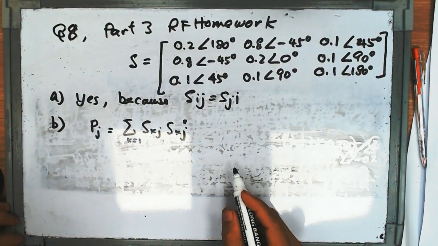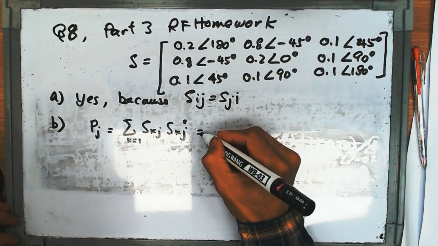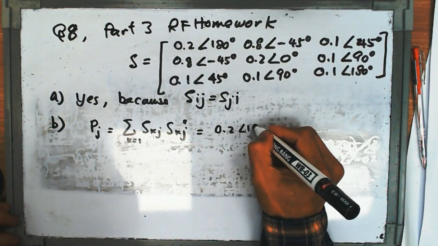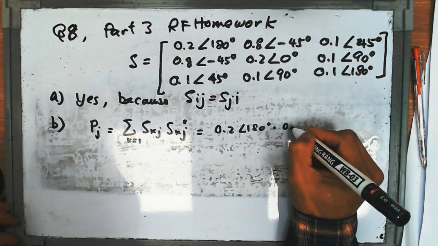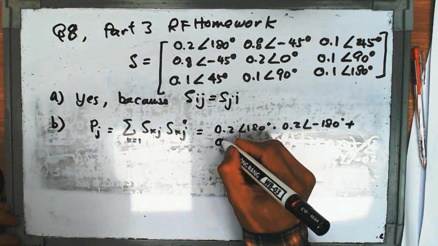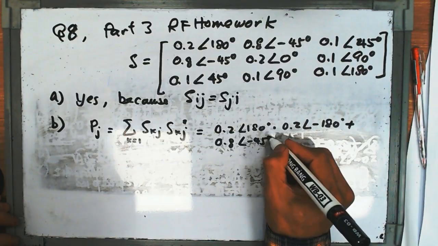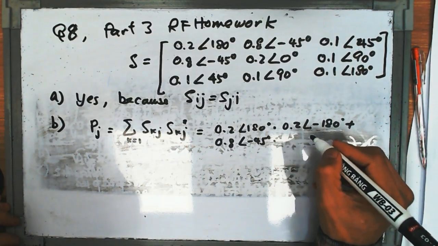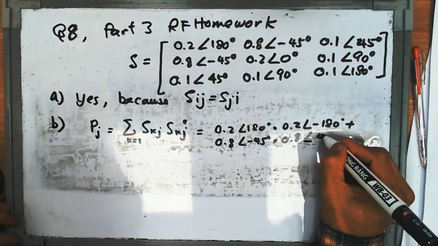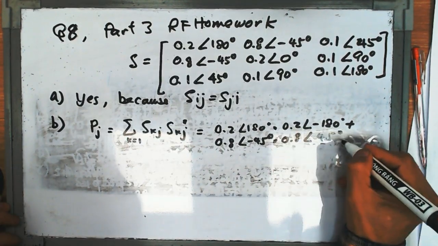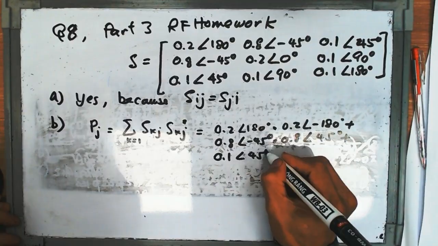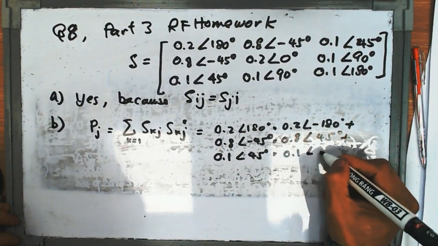We can check this one first: 0.2 times 0.2, plus 0.845 times 0.845, and then 0.145 times 0.1, and check the value.